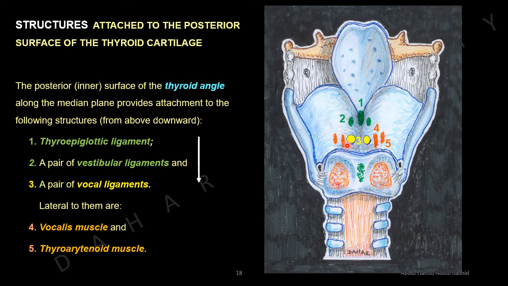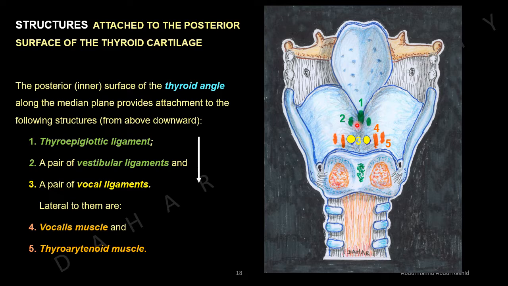The very first one, you can see here, number 1, is the thyroepiglottic ligament, which is attached between the thyroid cartilage and the stalk of the epiglottis here. Next, below and on each side are the vestibular ligaments from the vestibular fold on either side.